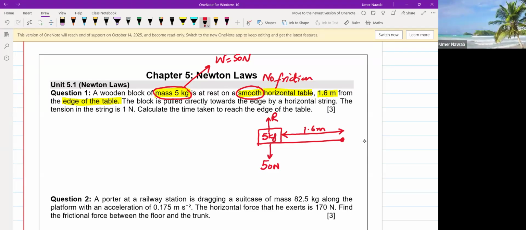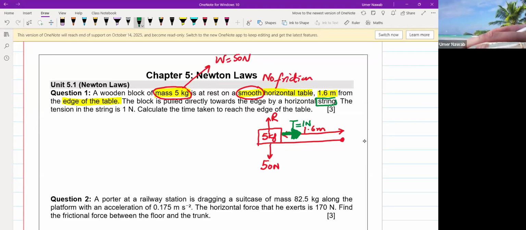When you pull it, definitely a tension will be produced in the string. Tension is applied in this direction, and the tension is 1 newton, given by the examiner.